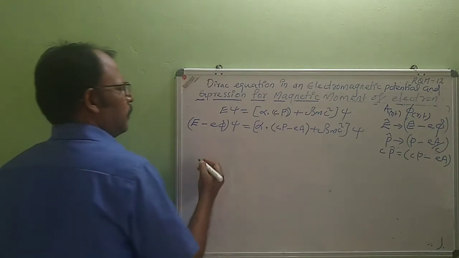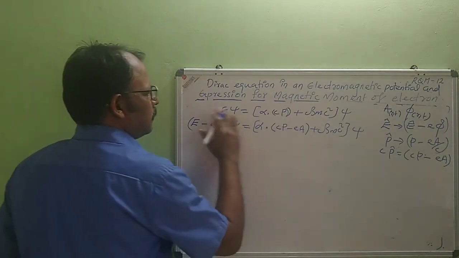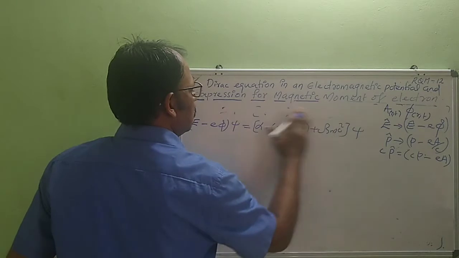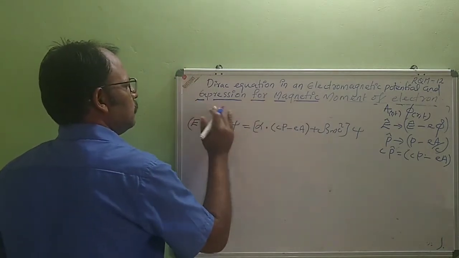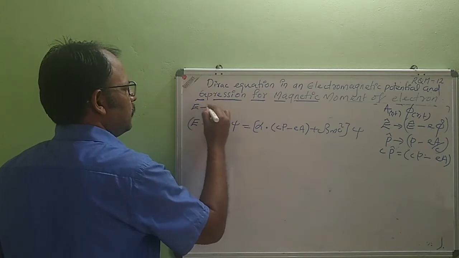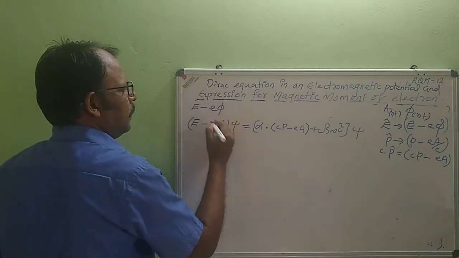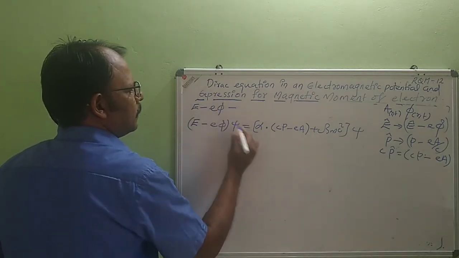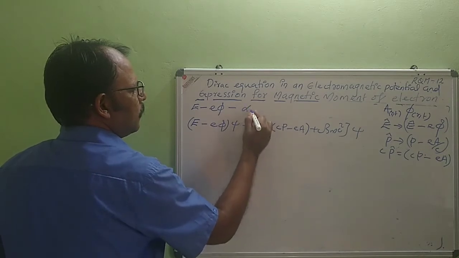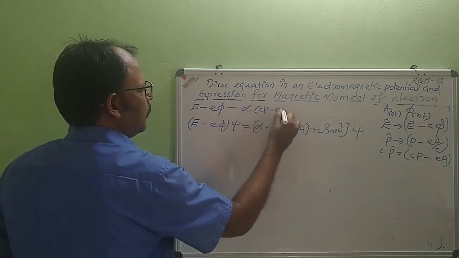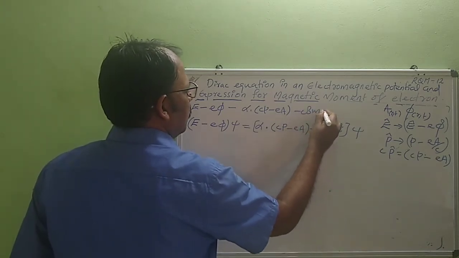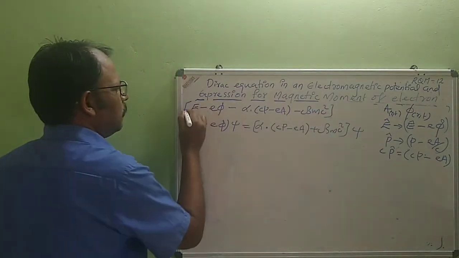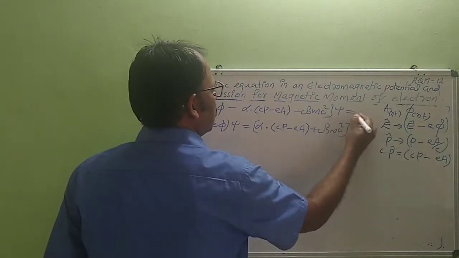Taking all the terms to the left hand side, this equation can be written as E minus e phi minus alpha dot (cP minus eA) minus beta m c square operating on psi is equal to 0.